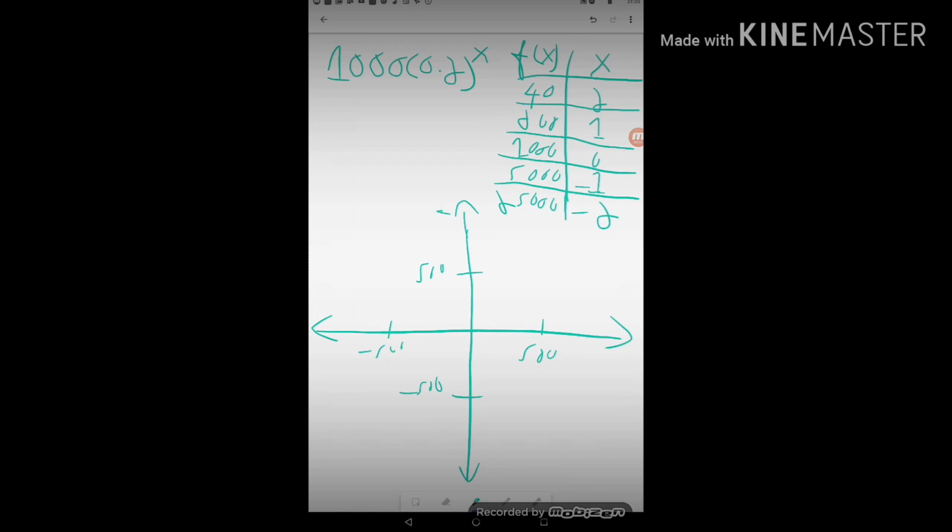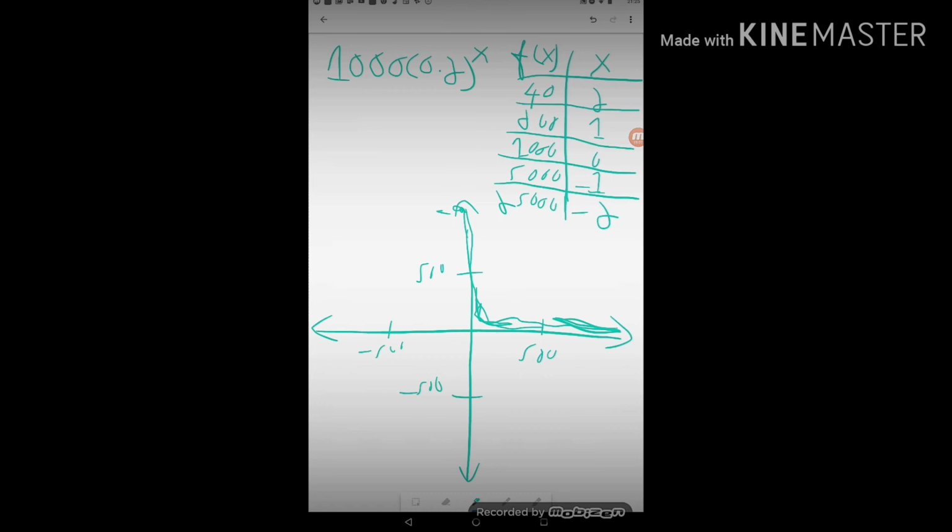This is where I put my point, and the graph is going to look something like this, coming all the way down. It's going to be a lot because our numbers are so high that they're squeezed tight together. The whole graph is squeezed towards the origin.